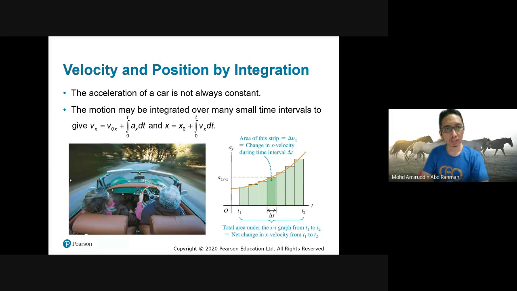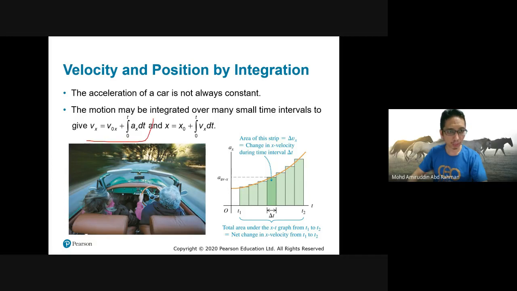Now, let's say we already have the acceleration, and we want to know what our velocity is. We are given the equation Vx equals V naught x plus the integration of Ax dt from 0 to t. And we also have the position: x equals x naught plus the integral of Vx dt from 0 to t.